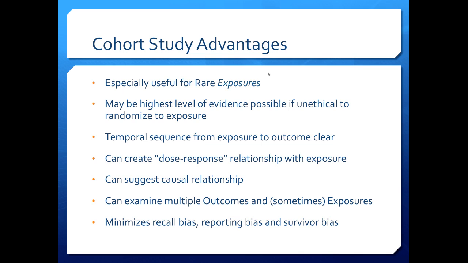Often you can create a dose-response relationship with different levels of exposure. All these together can suggest a causal relationship. In addition, you can examine multiple outcomes, and in a population-based cohort, you can even study multiple exposures. As compared to case control, cohort studies minimize recall, reporting, and survivor bias.